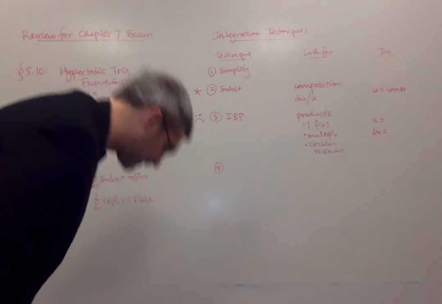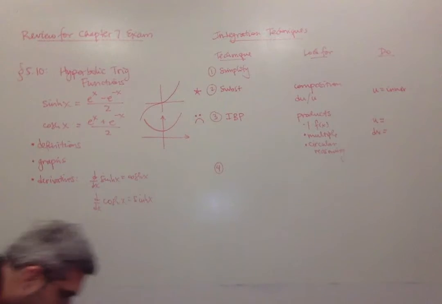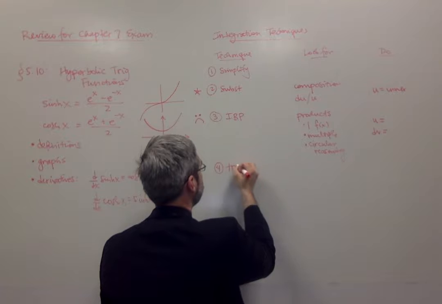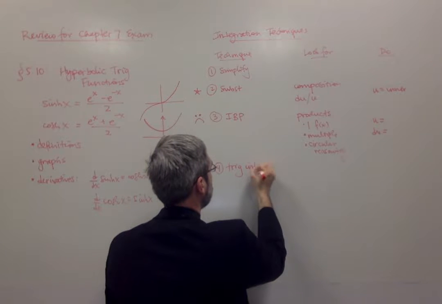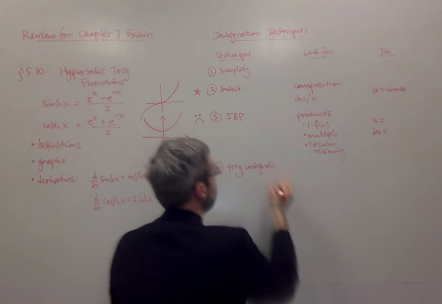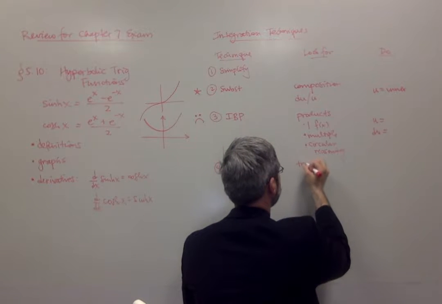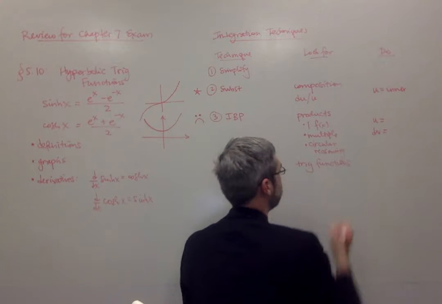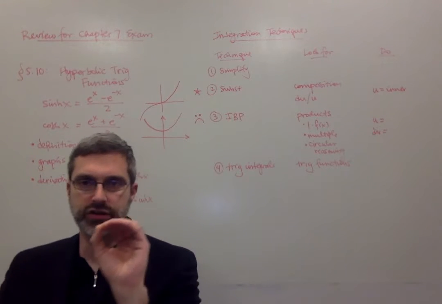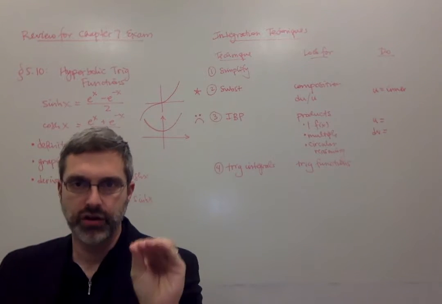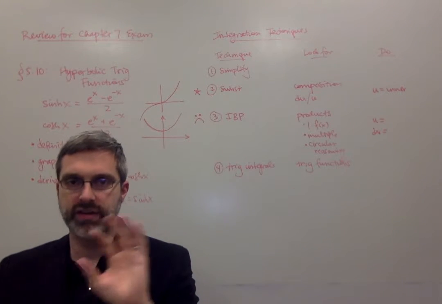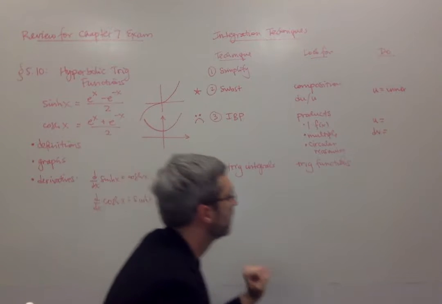Okay, next thing that we looked at was integrals involving trig functions, so we call these trig integrals. And so we looked for trig functions here. Usually these trig functions are grouped in collections, so we see sine and cosine grouped together, tangent secant grouped together, cotangent cosecant grouped together.